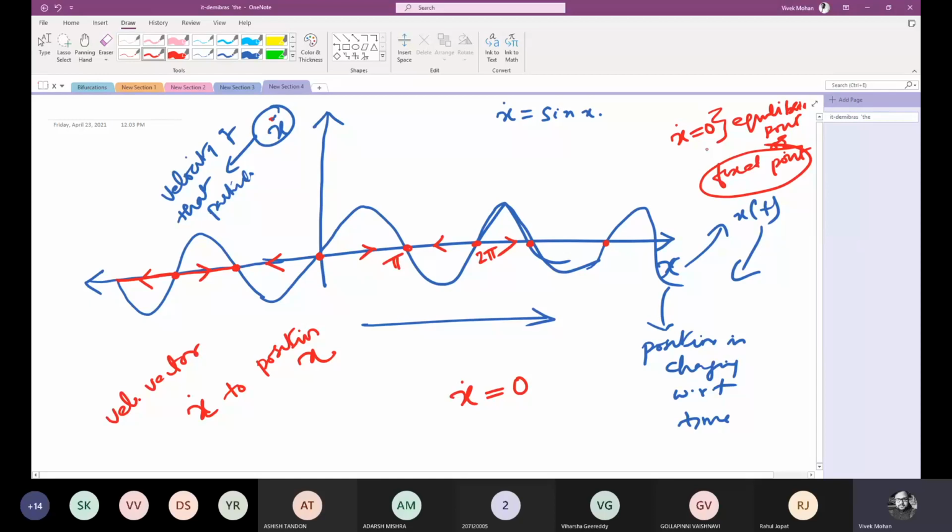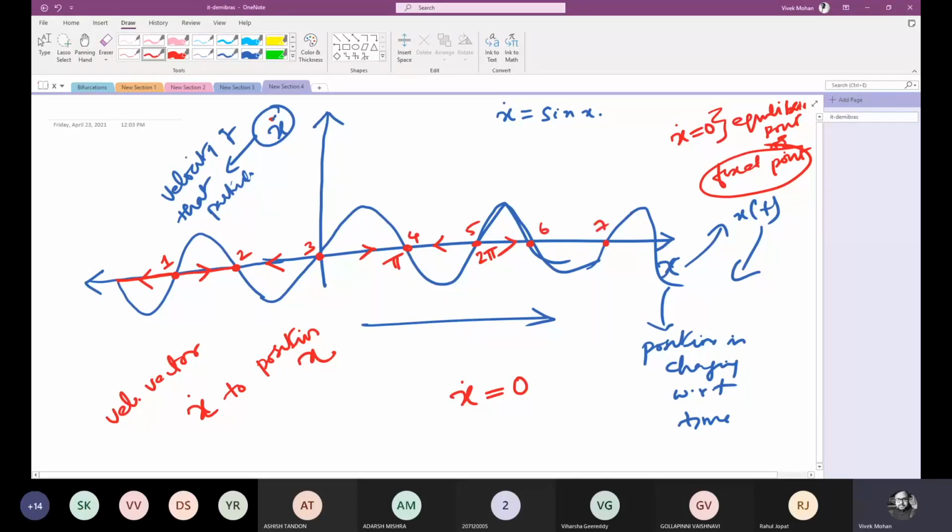Or if you disturb the system from some fixed point and it is coming back to the same fixed point, then it's a stable fixed point. Now here can you identify which are the stable fixed points and which are the unstable fixed points? So these are our fixed points. This is fixed point 1, 2, 3. Suppose I am marking like this, 5, 6, 7.